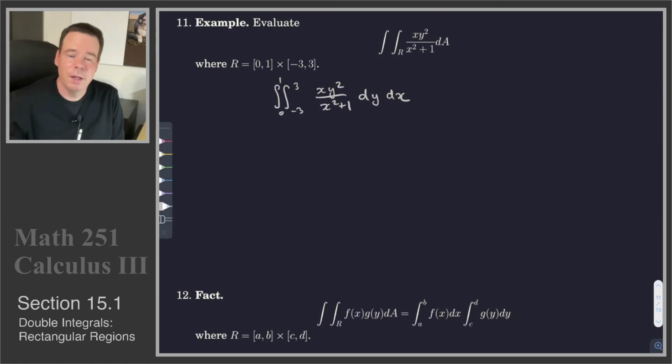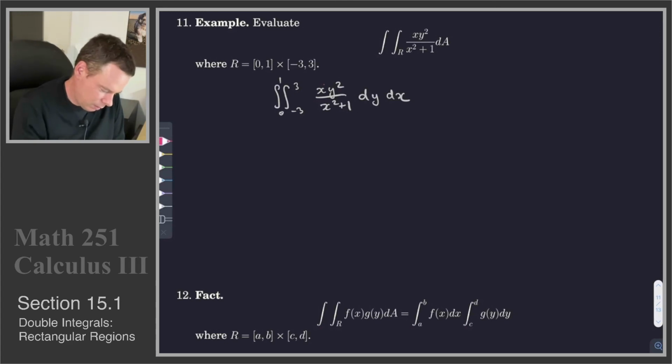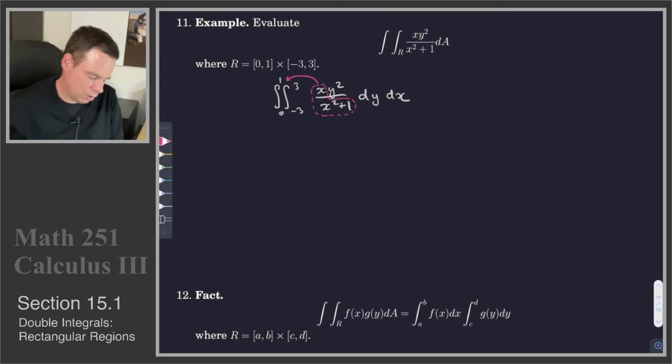But the thing is, if I do that innermost integral, then I'm treating x as a constant. And I notice that it's there just as a multiple of y squared. So that means I can just bring it outside of the first integral, because I treat it like a constant anyway.